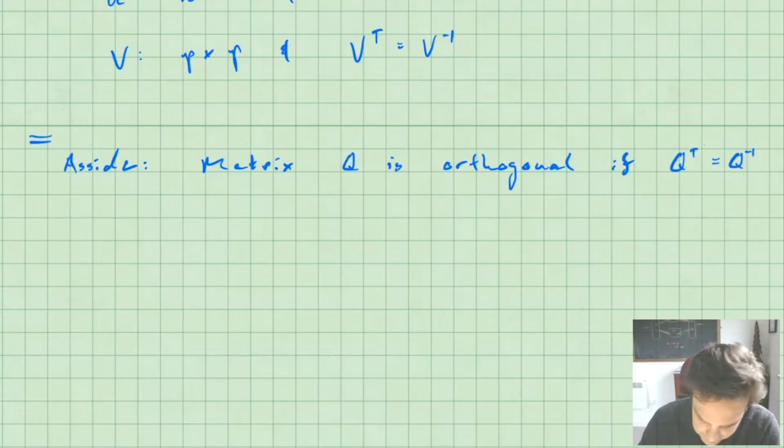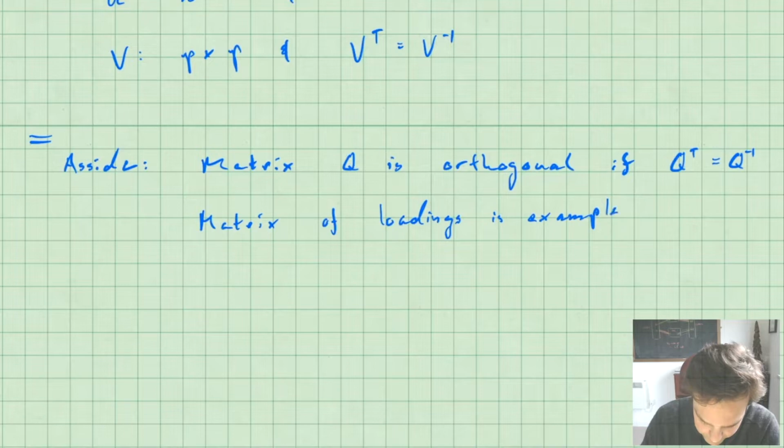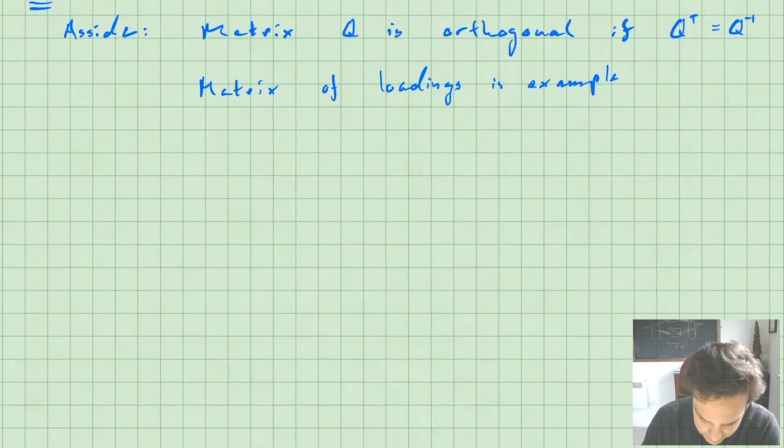And the matrix of loadings is an example. So I'll remind you what it looks like. Depending on how you wanted to name it, it's either A or A transpose. And A looks like this, right?